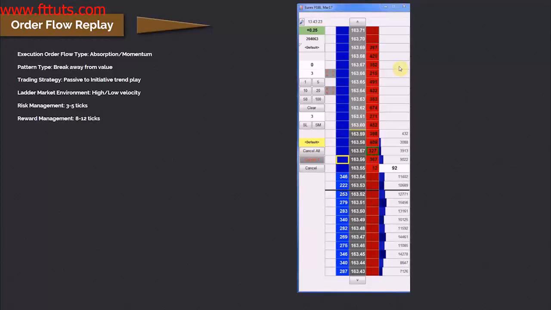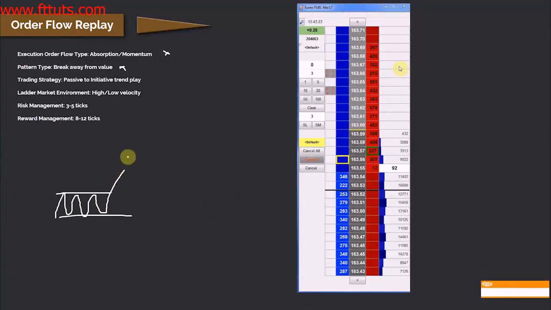Like I said, it's an absorption momentum play. I'm calling it a breakaway from value type play. Like I said, you have that two-way trade, and then once you start to move away, how that looks in the ladder, and understanding the concept of accepted value and then a market trying to find new value.